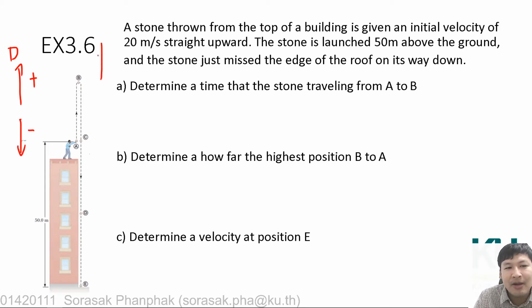So now it happens only in one dimension, only in the y-axis, and the influence of the acceleration is mainly due to g here in the downward direction. If this guy throws the object upward and this ball or this stone moves from A to B to C to D to E, what is happening here?